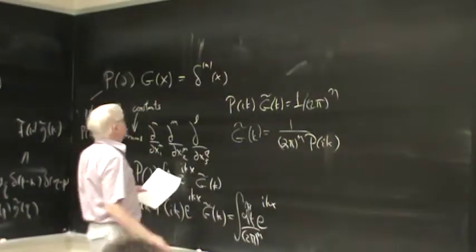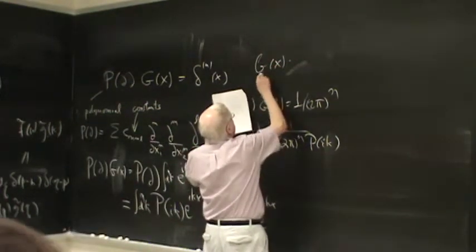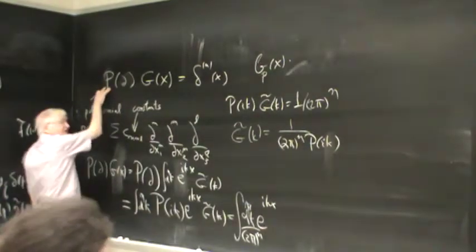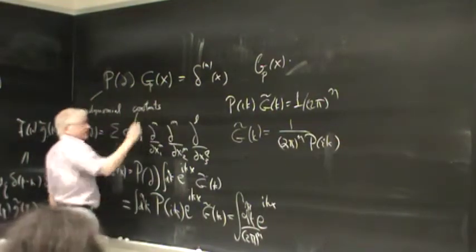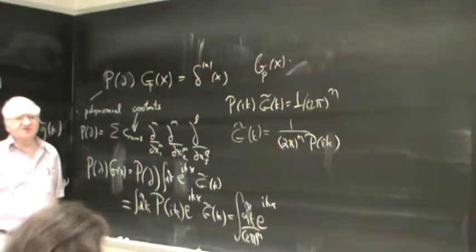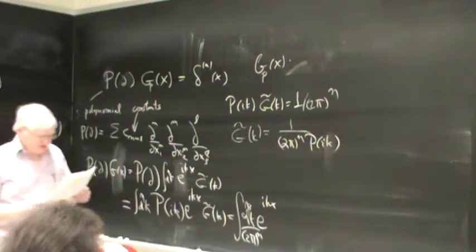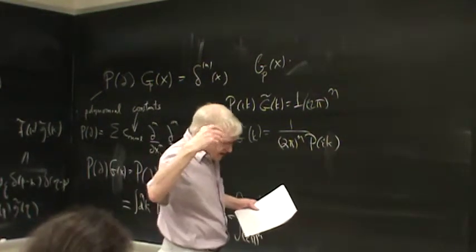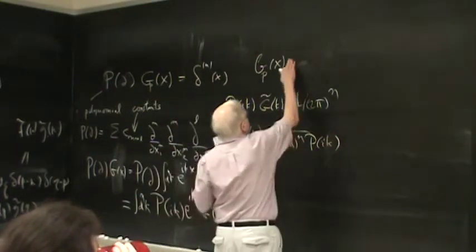And so our Green's function, g of x, I'll call it g sub P because it's the Green's function appropriate to this differential operator. So there's no such thing as a general Green's function. Each differential operator has its own Green's function. And in fact, if you care about boundary conditions, then you'll have more than one for each differential operator.